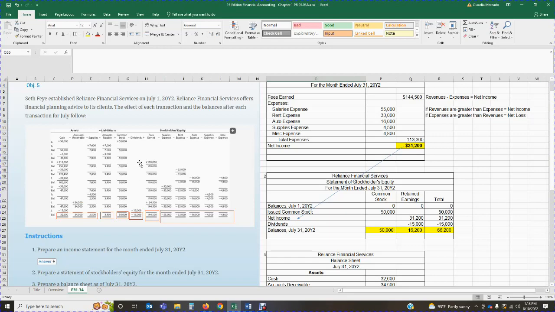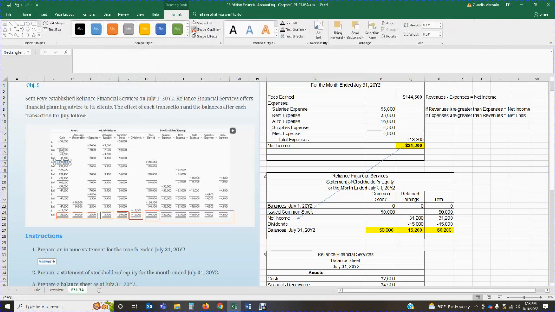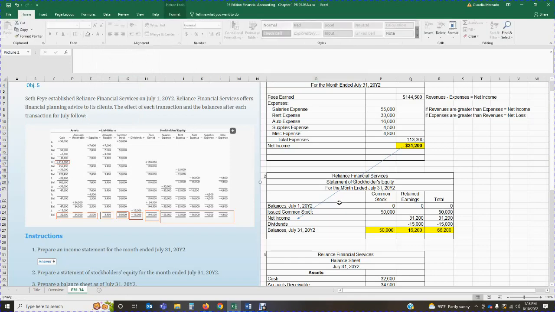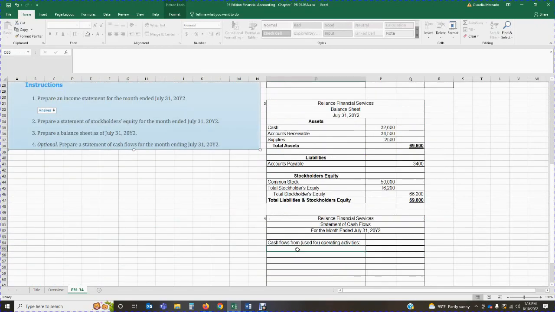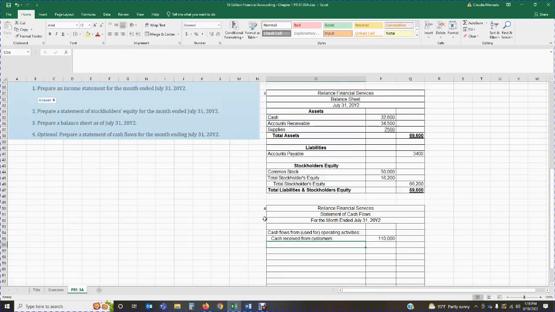The only cash that was received was that $110,000 right here. That was the only time that we received a payment from our customers in cash. So we're going to put cash received from customers, and we received $110,000.